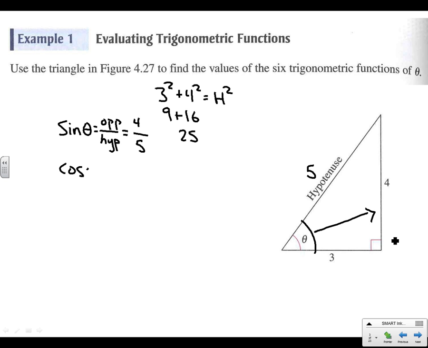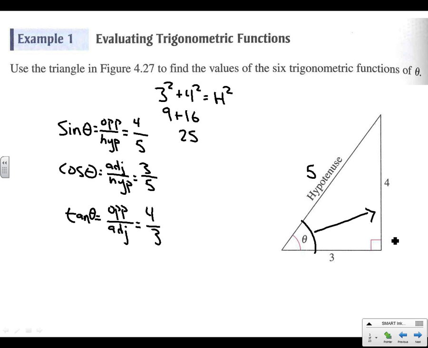The cosine of theta is adjacent over hypotenuse. The adjacent side is 3, the hypotenuse is 5. Tangent, TOA, the end of the mnemonic, is opposite over adjacent. The opposite side we've said is 4. The adjacent side is 3. So those are our values for sine, cosine, and tangent.